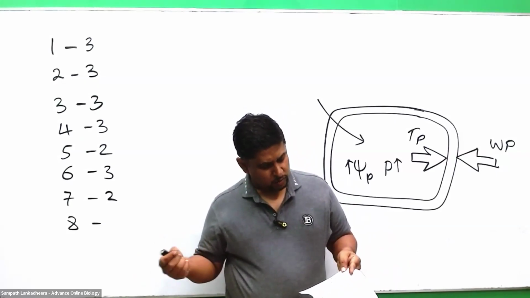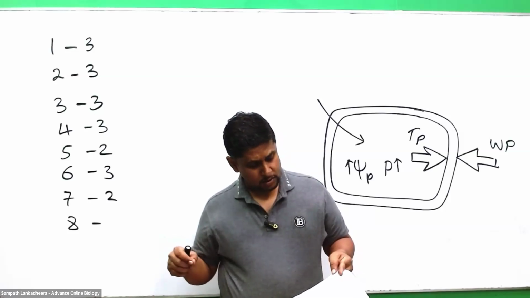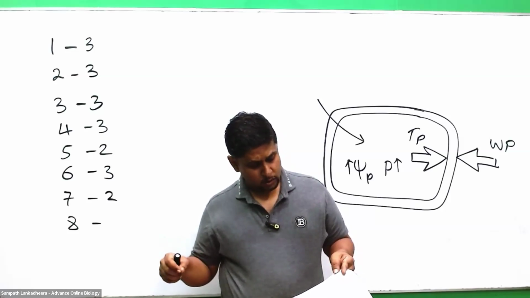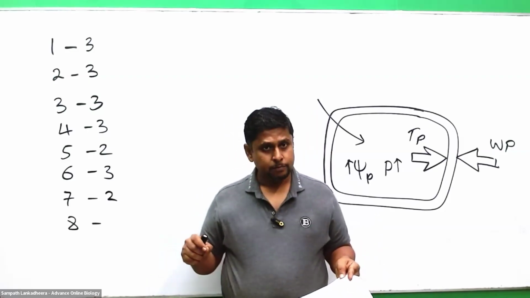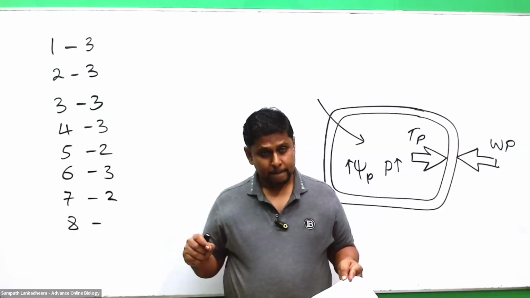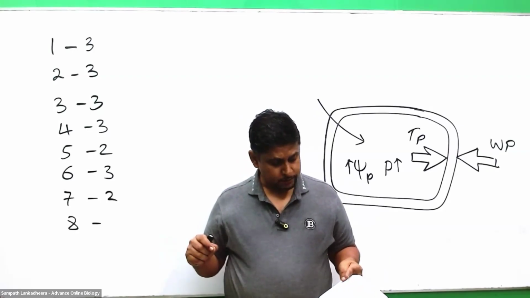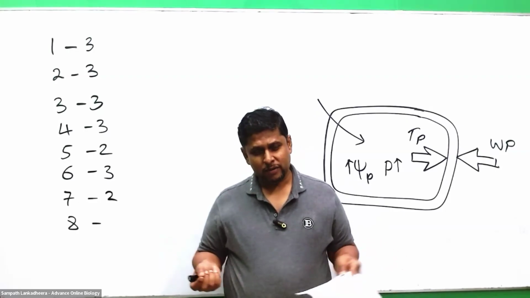But anyway, water potential can be zero or negative, and it can be positive too. Occurs due to movement of water through membrane. No need to have a membrane for that, right?